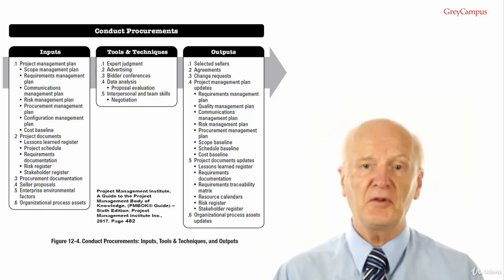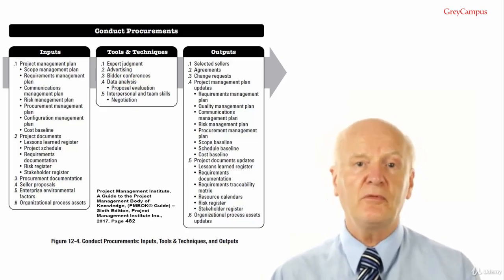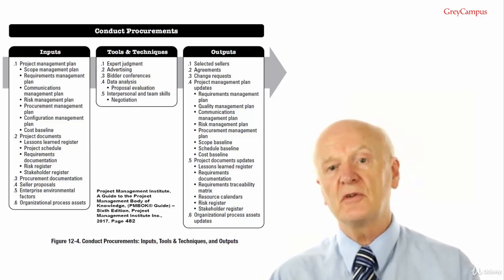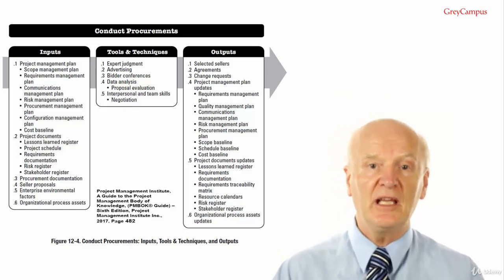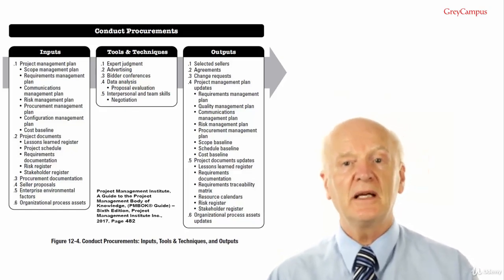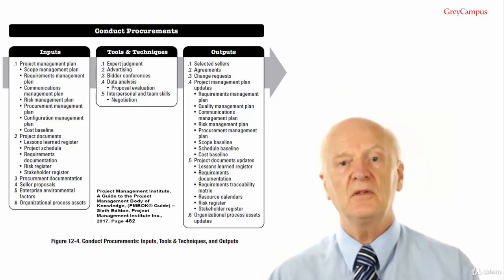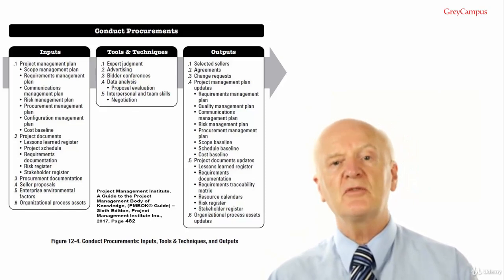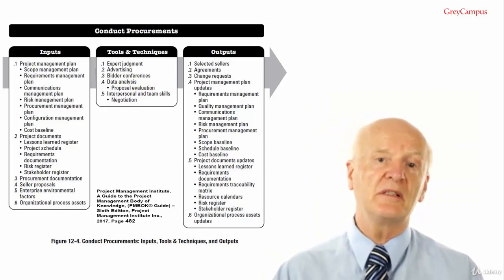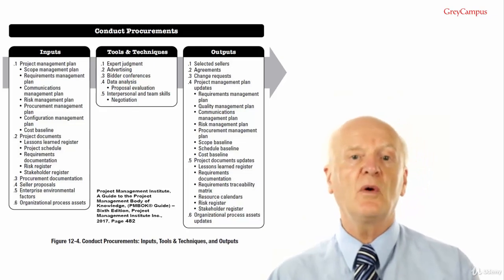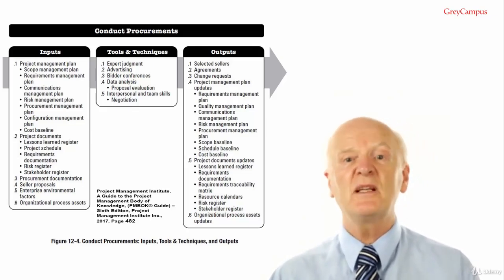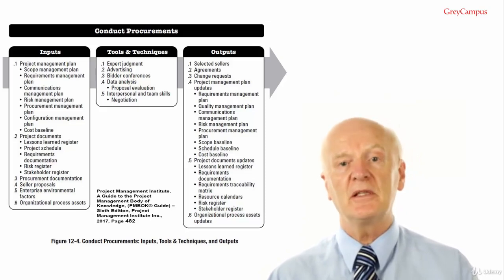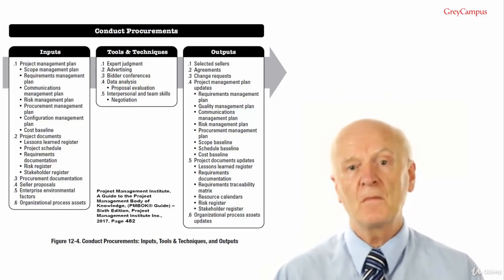It may include health, safety, security, performance, environmental, insurance, intellectual property rights, equal employment opportunity, licenses, permits, and other non-technical requirements. Requirements traceability matrix. As sellers are incorporated into the project's plan, the requirements register and the traceability matrix may change depending on the capabilities of the specific seller.